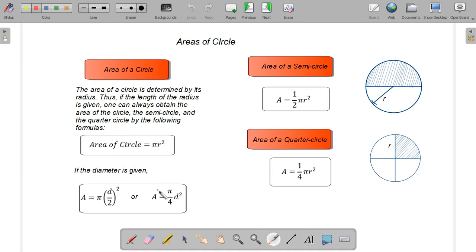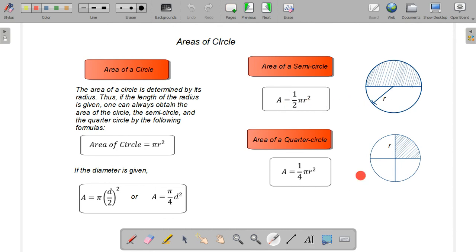Now, let's take the area of a semicircle. This is the area of a semicircle, one half of the circle, wherein we can just multiply a factor of 0.5 or one half to the area of a circle. So there you can say that area of a semicircle is equal to one half of pi r squared.